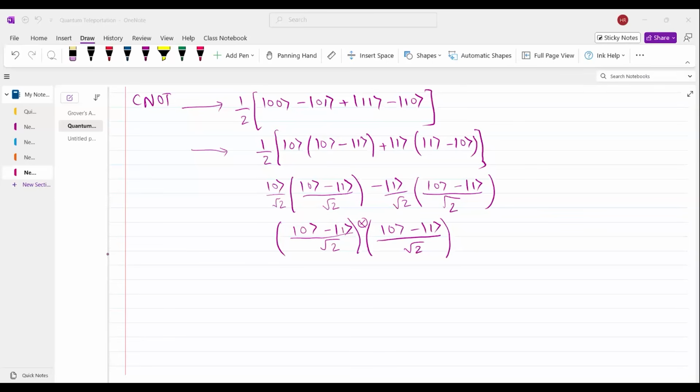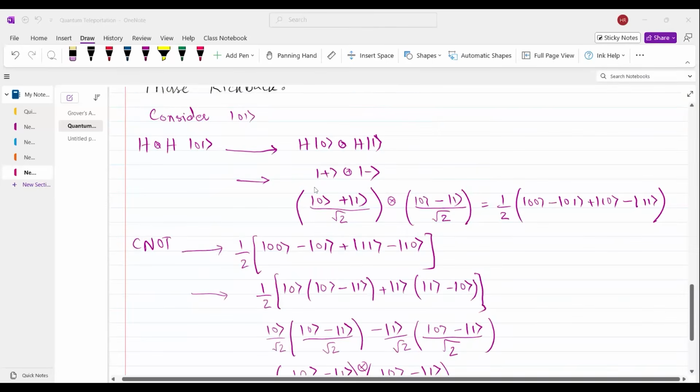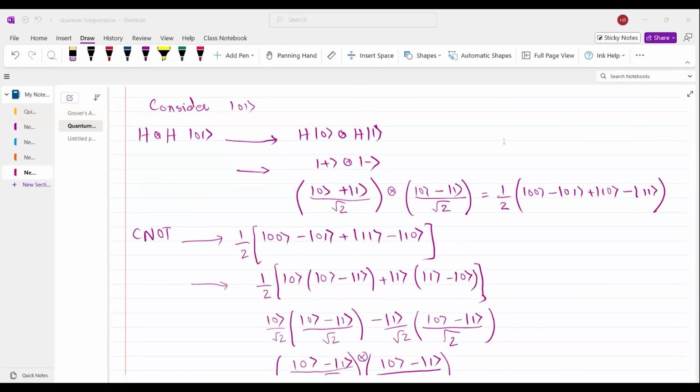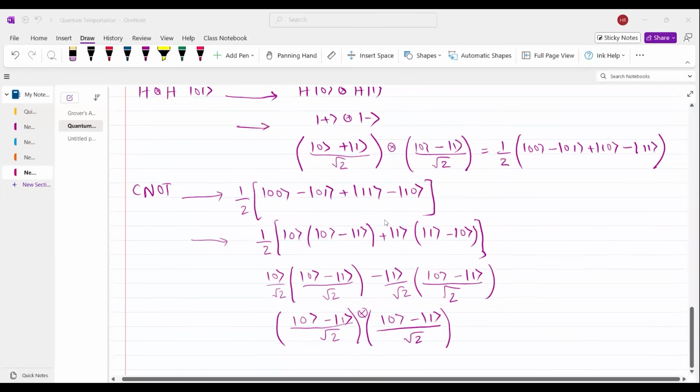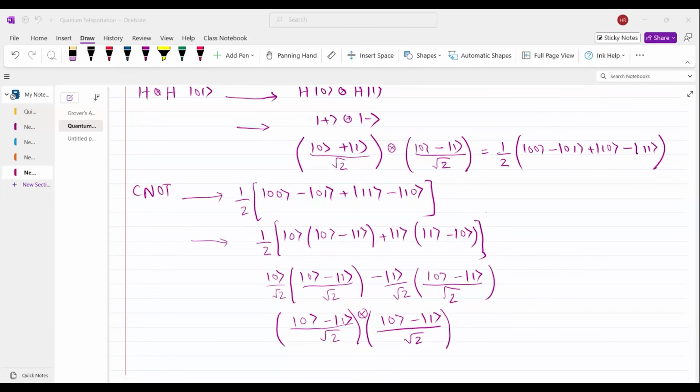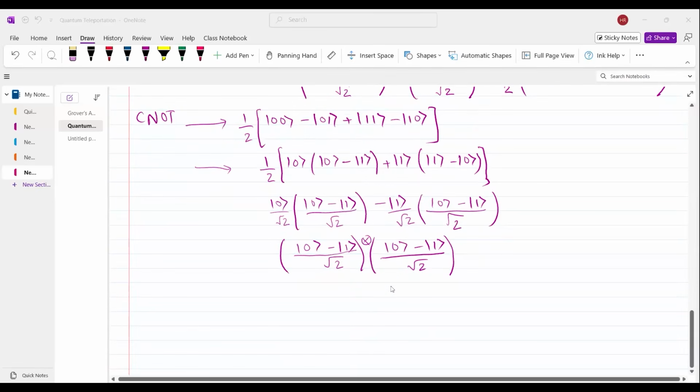It is interesting to note this. We begin with the |01⟩ state, and we applied Hadamard on it. After applying Hadamard on both qubits, we applied the CNOT operator. The effect of the CNOT operator is on the second qubit, as the second qubit is the target qubit. We get this negative sign, but this phase actually translates to the first qubit.